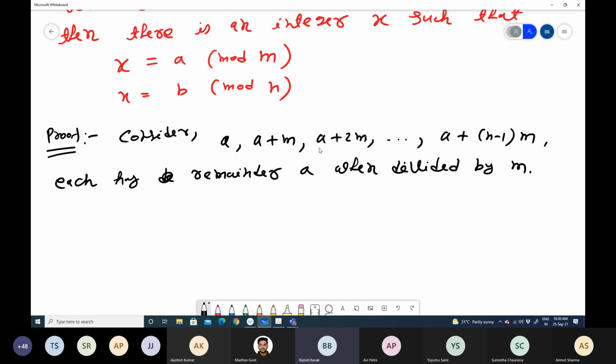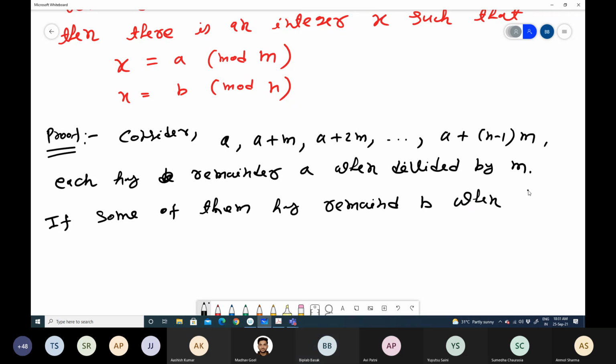Now, if some of them has remainder b when divided by n, then we are done.